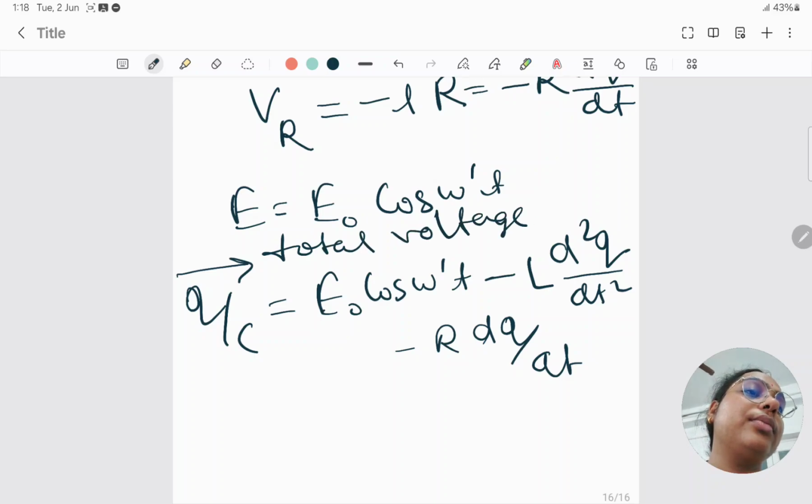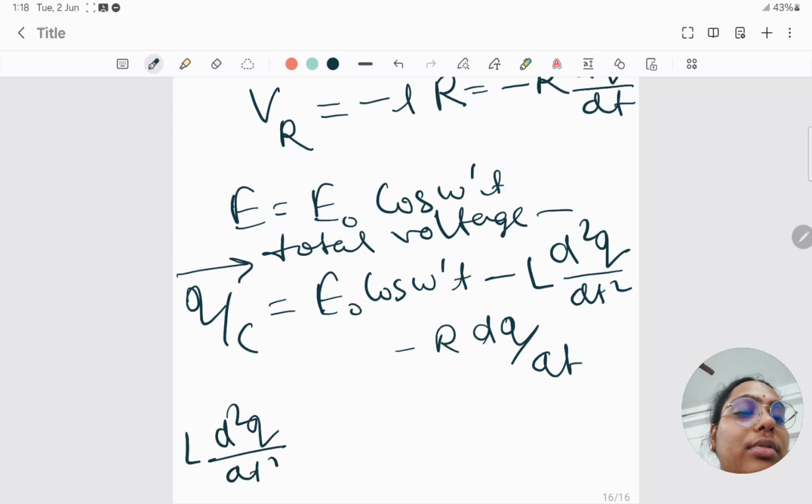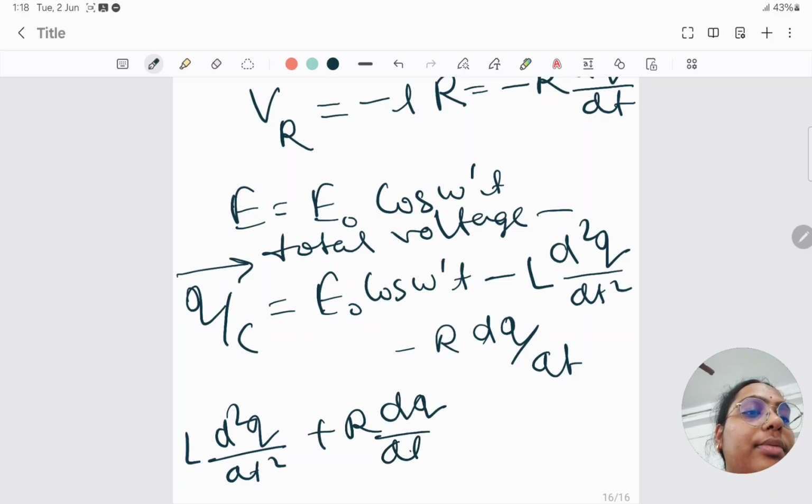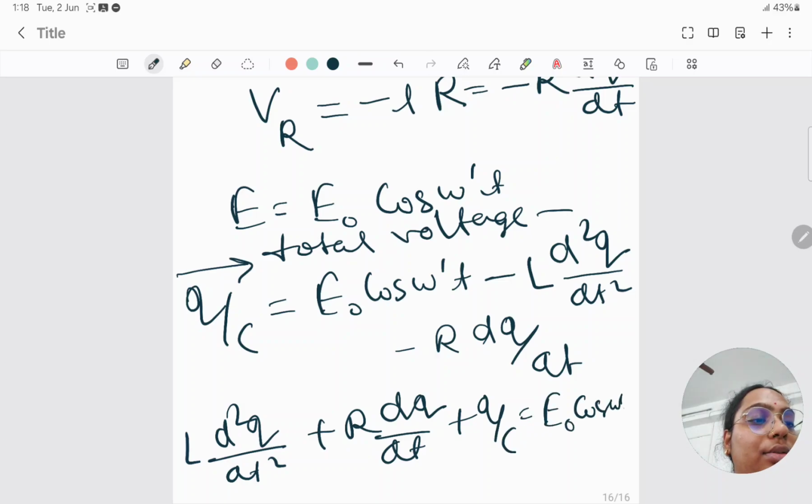This will be the total voltage. So you can write it like this: L d2q by dt square plus R dq by dt plus Q by C is equal to E naught cos omega dash t.